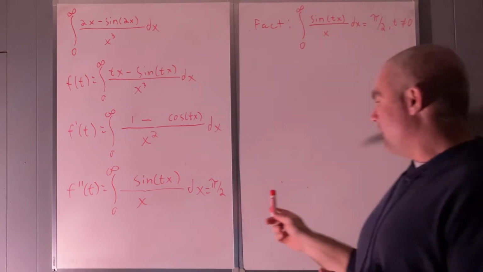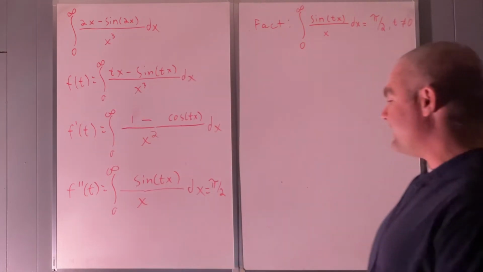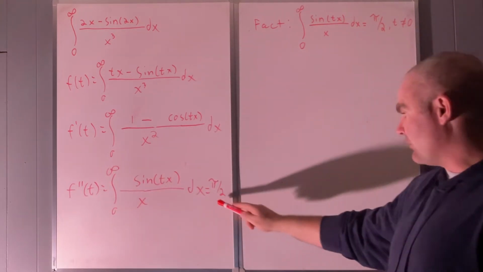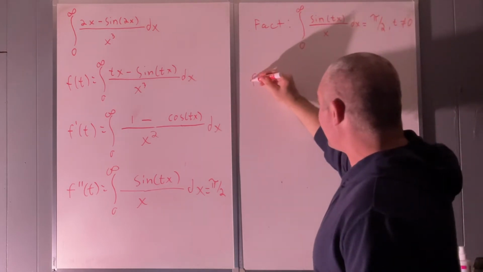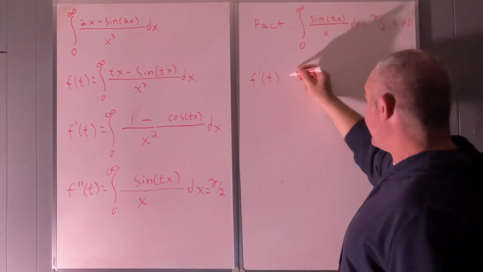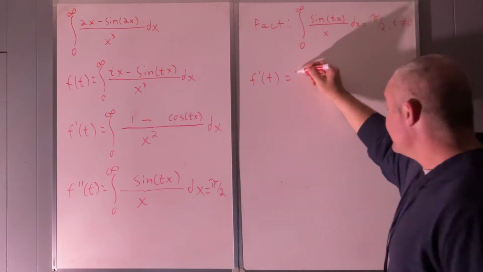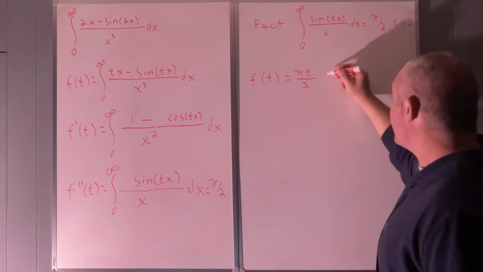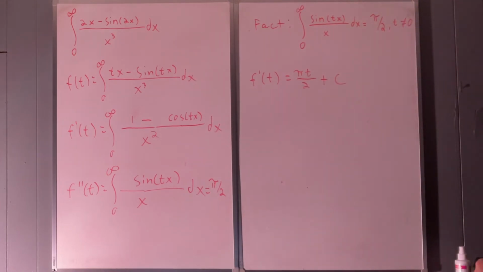So, all right, let's go back to f prime of t by integrating f double prime of t with respect to t. Just going backwards, we get that f prime of t is also equal to the antiderivative of this with respect to t. So that would be pi t over 2 plus c, of course. We need to get rid of that c.